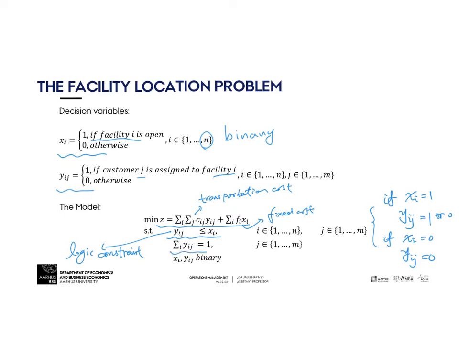And then we have the second constraint, sum over i of y_ij equals 1. So you sum up all the service decisions for each customer, and each customer is only allowed to be served by one facility.